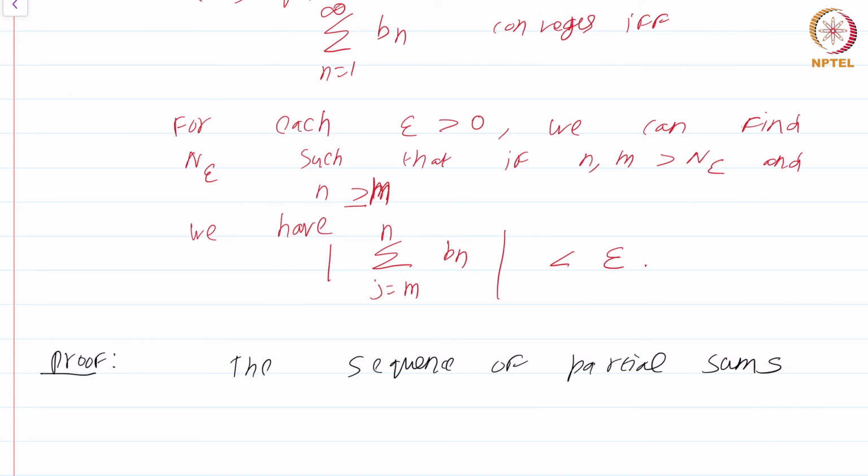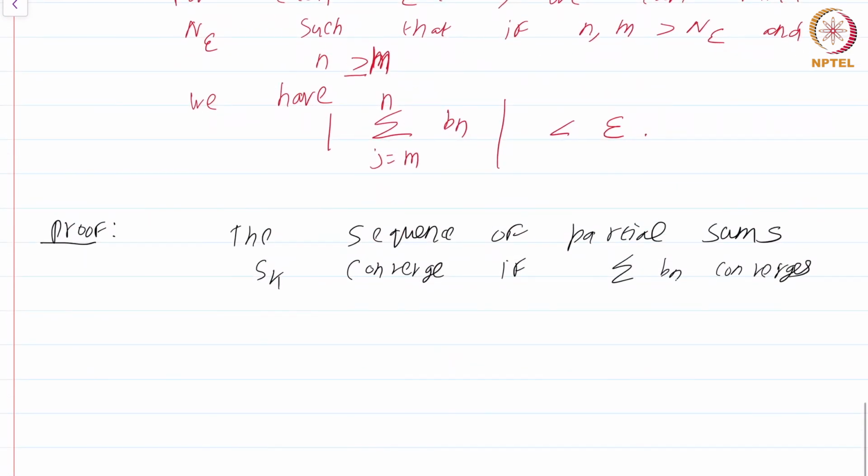The sequence of partial sums, say Sk, converges if summation Bn converges, right? And vice versa. So the sequence of partial sums converges if summation Bn converges and vice versa. That's just the usual Cauchy criterion for convergence of sequences. Okay. Sorry. That's just the definition.